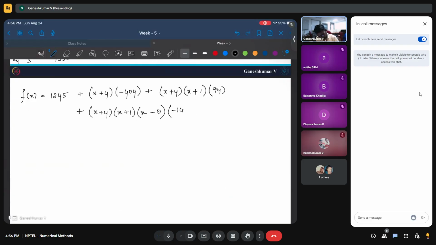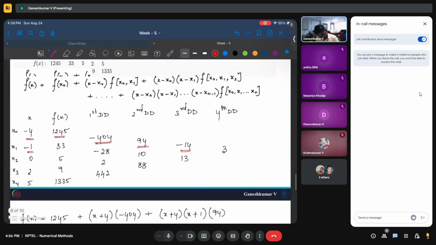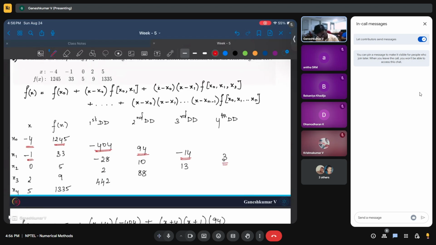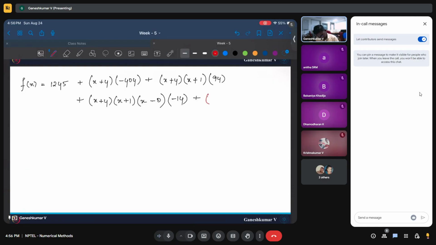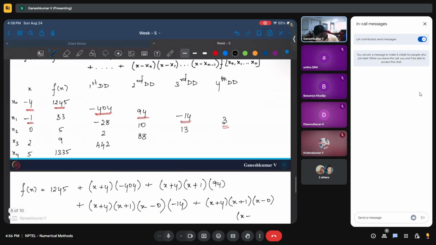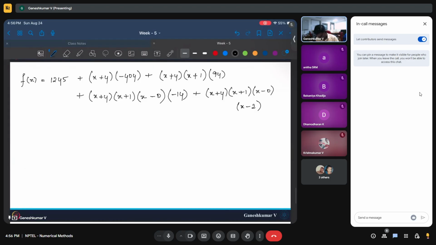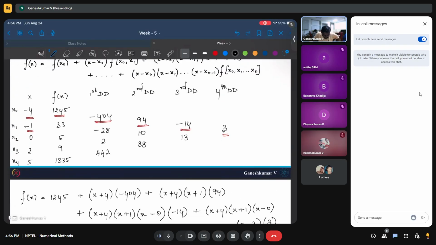Okay, this is minus 40 plus the final one is going to be 3. So for this you will use all the data points: x plus 4, x plus 1, x minus 0, x minus 2 into 3. Okay, and there is no fifth divided difference, so we cannot use that fifth data point here.